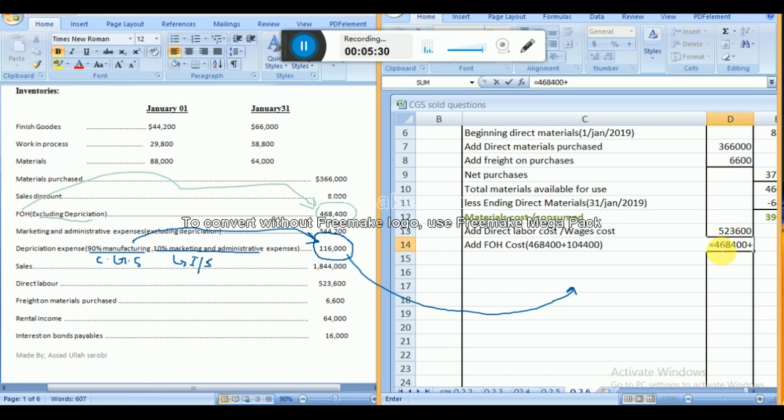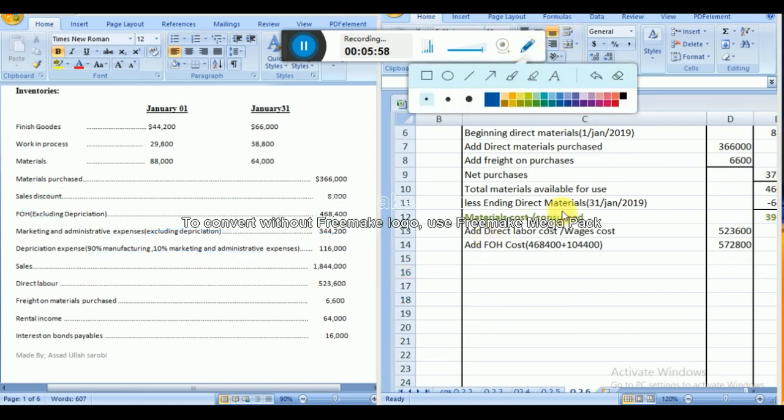And we calculated the 90% depreciation cost, that is 1,04,400. So now our total factory overhead is equal to 5,72,800. So we calculated this; here are some technical points on how we can calculate it.